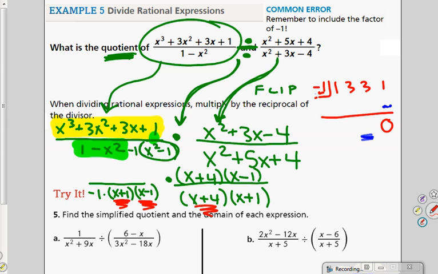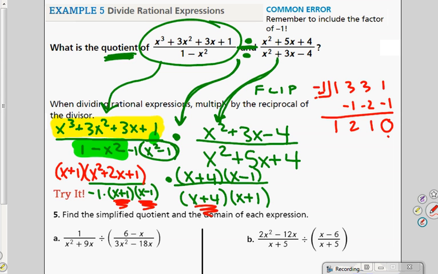So let's try -1. 1, -1, 2, -2, 1, -1, 0. It worked. So this factors to x plus 1 times x squared plus 2x plus 1. But the second red fraction is x plus 1 times x plus 1. I was right before.